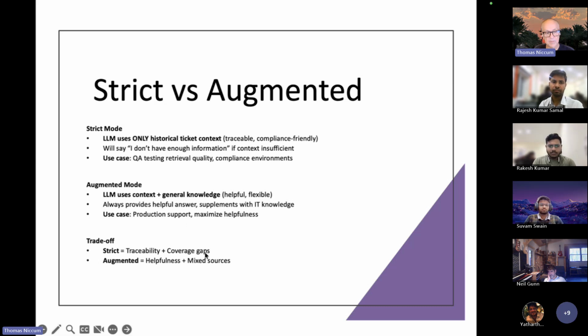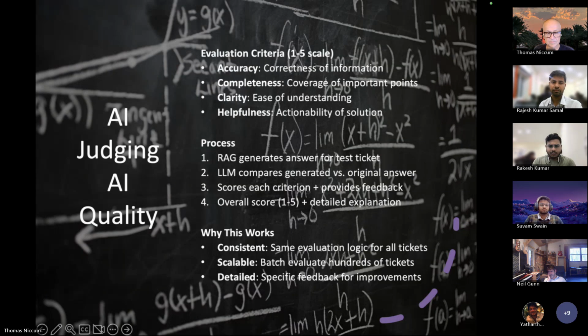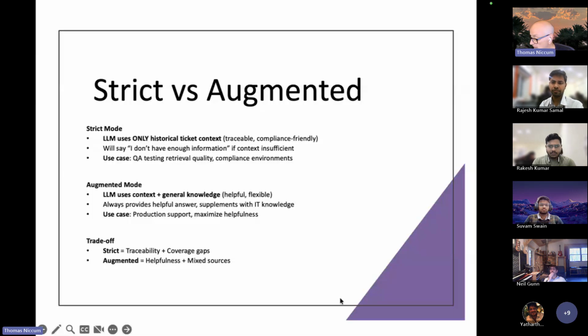But if we're doing something like, let's say answering a legal document, we probably want to lock this down, and we only want to use data that we provide. We don't want it to have any potential for hallucinations.